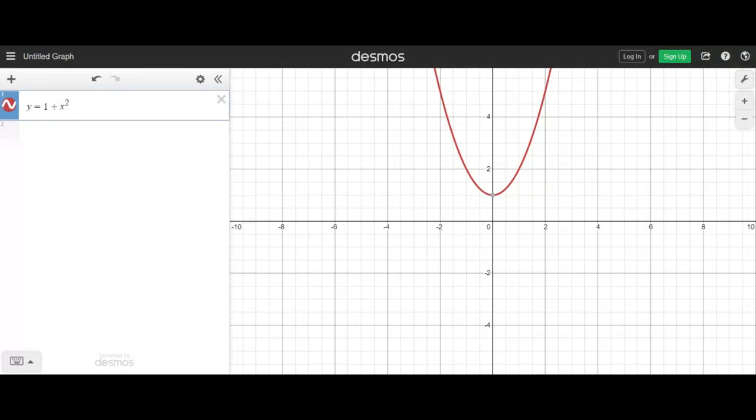X goes from -1 to 2. So let me adjust this picture a little bit.